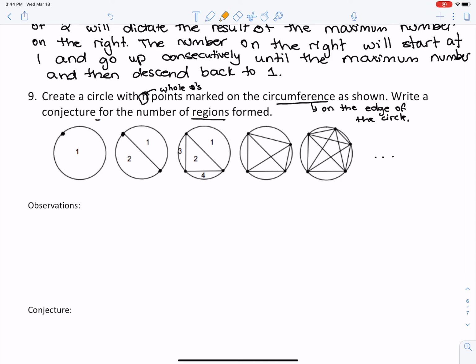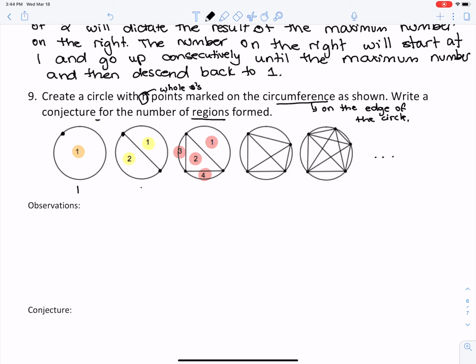So in this example, I had 1 section formed. In this example, I had 2 sections formed. In the third example, I have 4 sections formed. So I'm going to start writing that down. I had 1 section, 2 sections, and these are the number of sections. Then I had 4. And now in my observations, I'm going to kind of keep going and trying to observe how many regions I notice here.